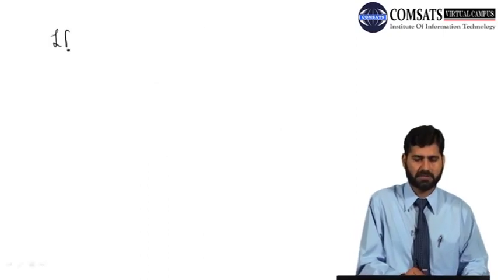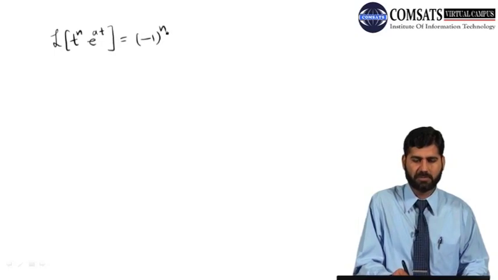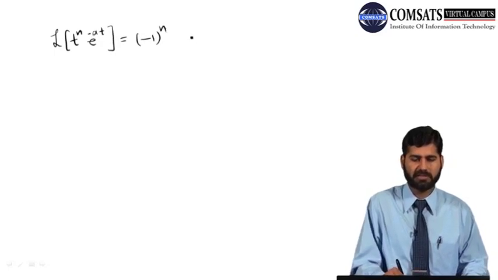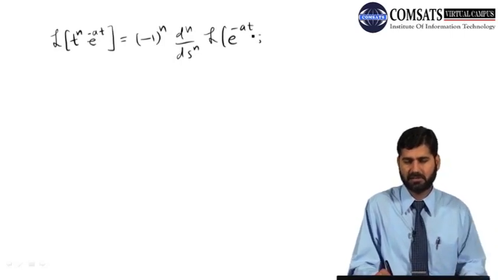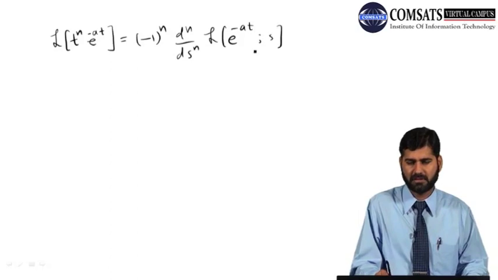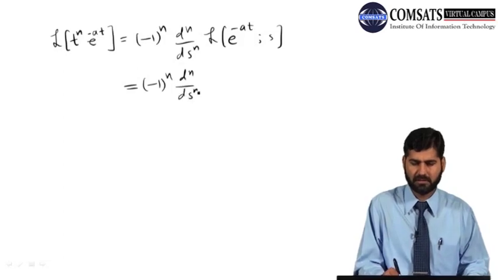Another example was L of t^n e^(at). So that is (-1)^n, d^n/ds^n of the Laplace transform of e^(-at), which is 1 over s plus a.